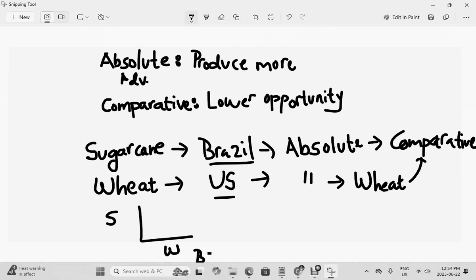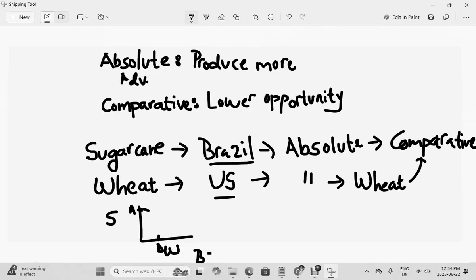So they're sacrificing a lot of sugarcane to produce a small quantity of wheat. Assuming this is point B, the amount of wheat production, and this is point A, the amount of sugarcane production you can have on a given acre of land.